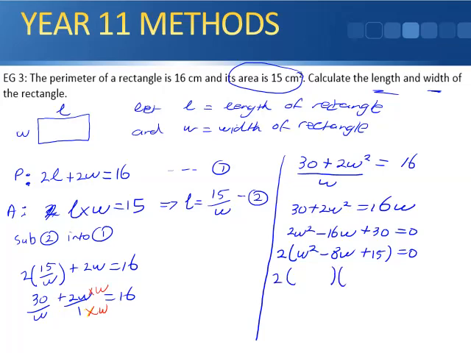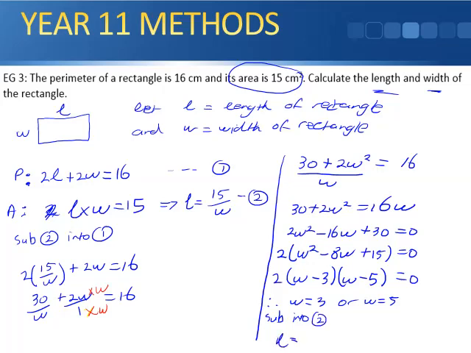I'm going to try and factorize this into 2 brackets straight away. So split the W squared is W and W. 15, 5 and 3. If I get both negatives, I get minus 8, and if I times them together, I get the positive 15. So minus 5 and minus 3. And therefore, using the null factor theorem, I get W equals 3 or W equals 5. And I'm going to substitute these into equation number 2 because that gives me my L straight away.